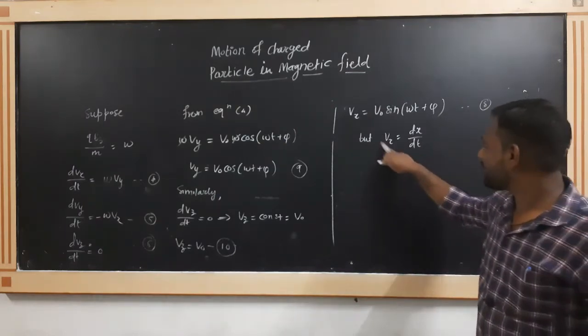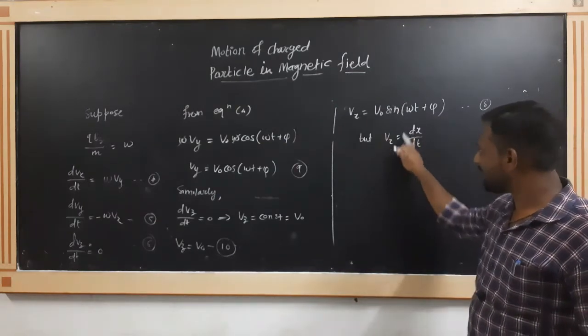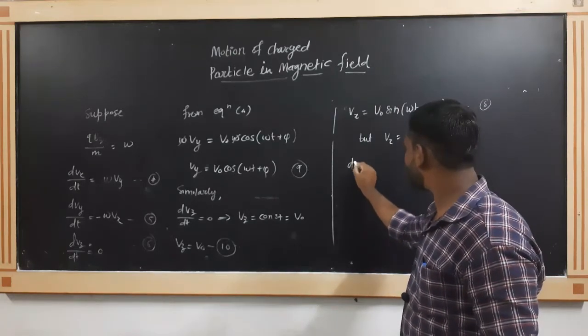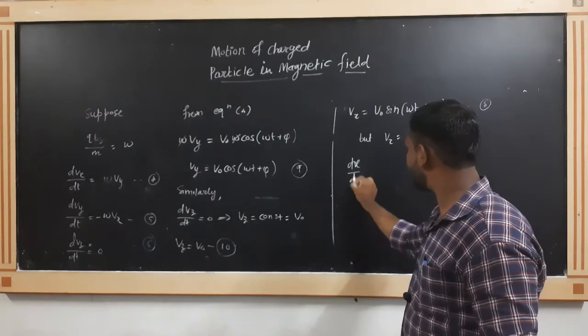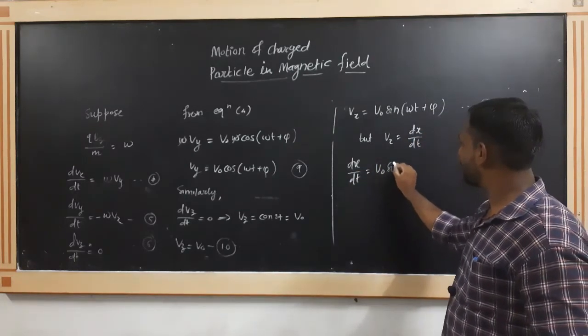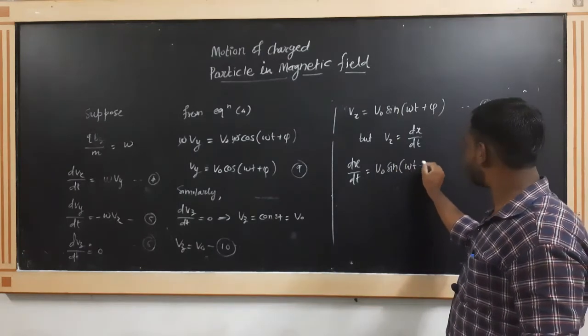So instead of vx in equation 8, we put dx by dt: dx by dt is equal to v0 sine of omega t plus phi.